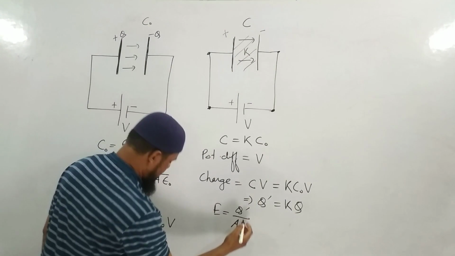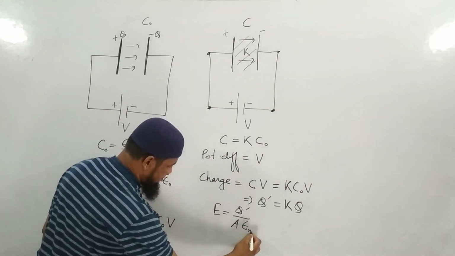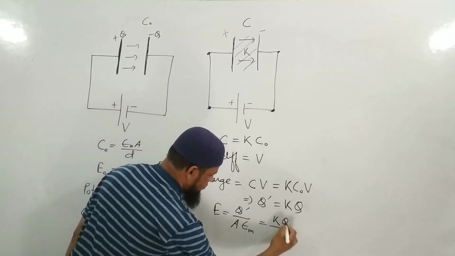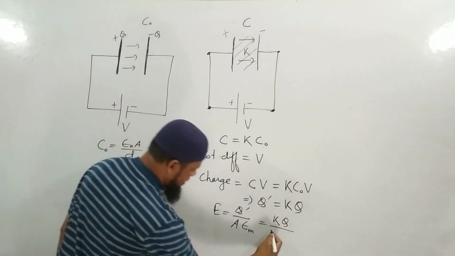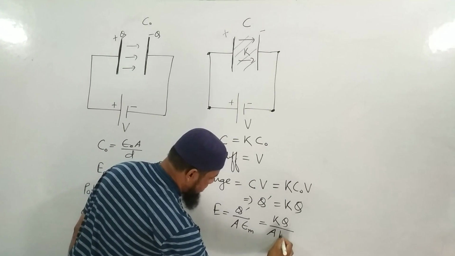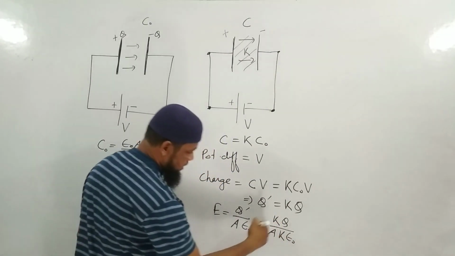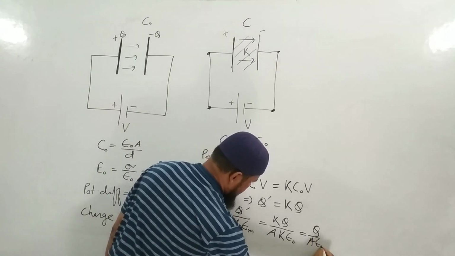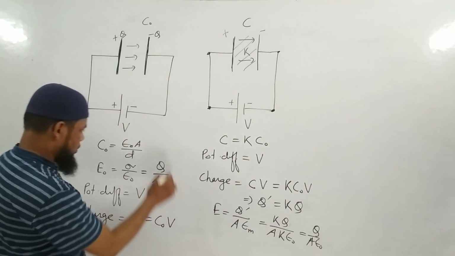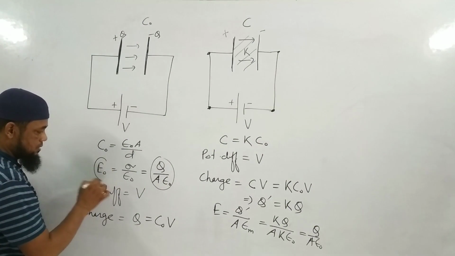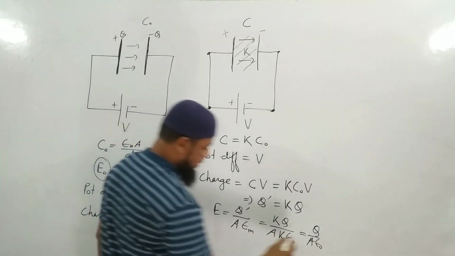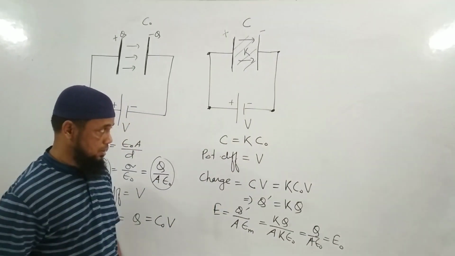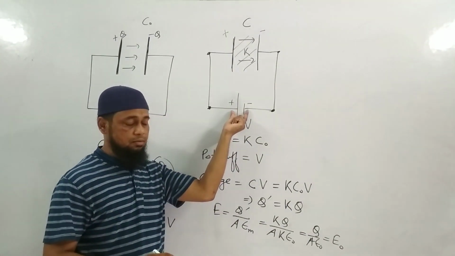Here there is a medium, so I'll have to write epsilon M. What is Q dash? It is nothing but KQ. What is the area? A. What is epsilon M? K epsilon naught. K and K cancel. Q divided by A epsilon naught. So the electric field in between the plates has remained the same. In what situation? Remember, when the battery is in contact.